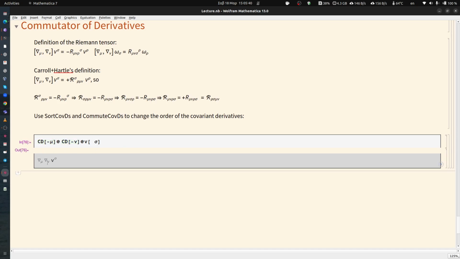So this gives us the second derivative of the vector v, and the commutator can be computed by subtracting the derivatives taken in the opposite order. So that is the commutator acting on v.